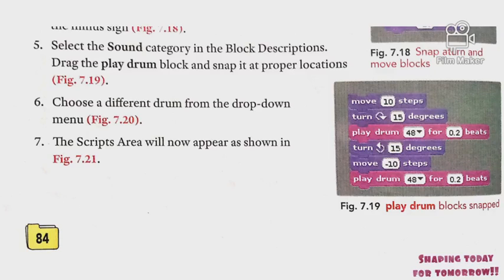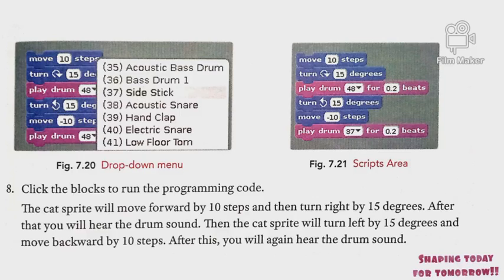Now let's see point number 6. Choose a different drum from the drop down menu. Point number 7, the script area will now appear as shown in figure 7.21. So students, let's see figure 7.20 first. If you want to select a different drum, you have to click on the drop down menu.